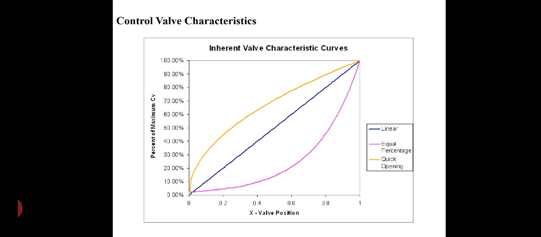This PID controller generates the pneumatic signal and electrical signal, that is the I2 current signal, and the final control element will act accordingly. We have also seen the final control element always works in a feedback control system.